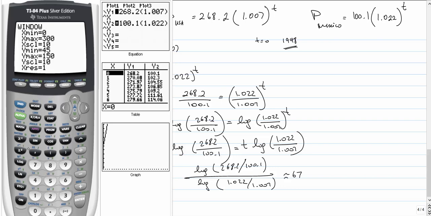And my window on the t, I'm going to go from 0 to 100, and then on the population I'm going to go from 50 to greater than 268, let's say 300.